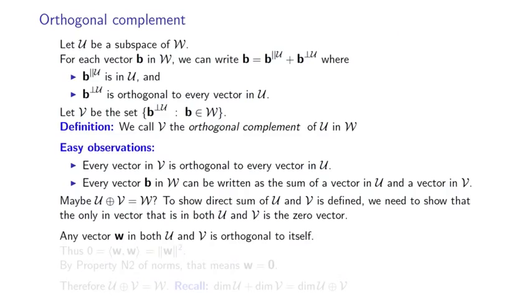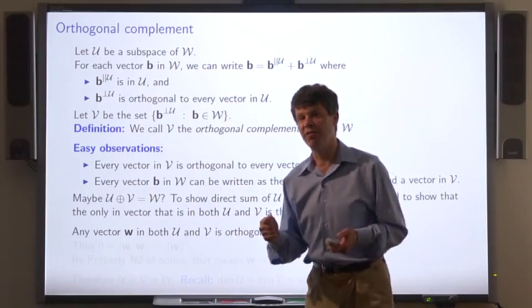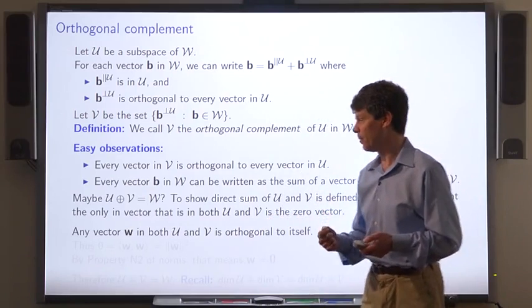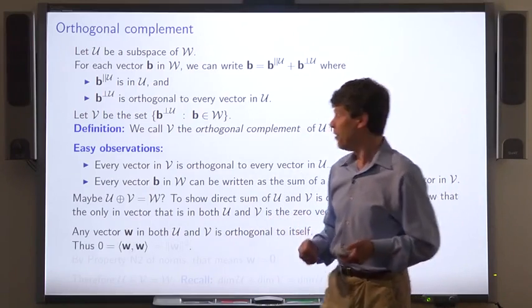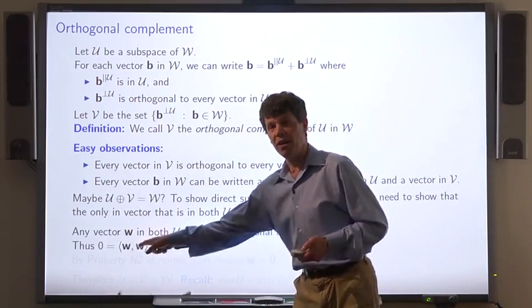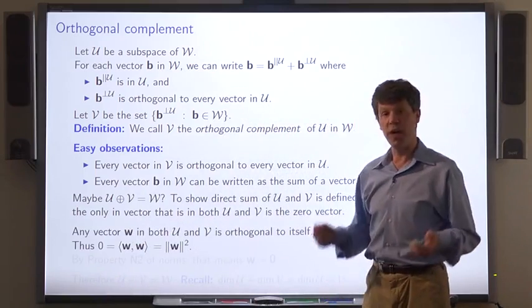So consider any vector w in both big U and big V. It must be orthogonal to itself. It has to be both the parallel part and the perpendicular part. So that means the inner product of w with itself is 0. But the inner product of a vector with itself is the square of its norm.